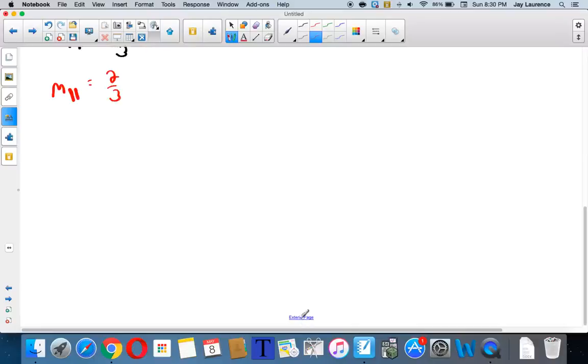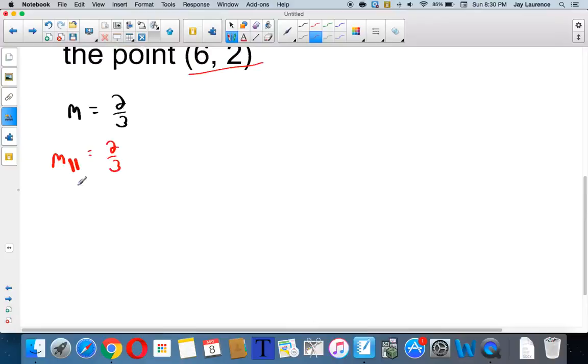So I'm going to go use slope-intercept form here, and I'm going to do y minus 2, which is going to equal, oh, sorry, I'm going into point-slope form. I don't know why. Okay, maybe it'll be easier.